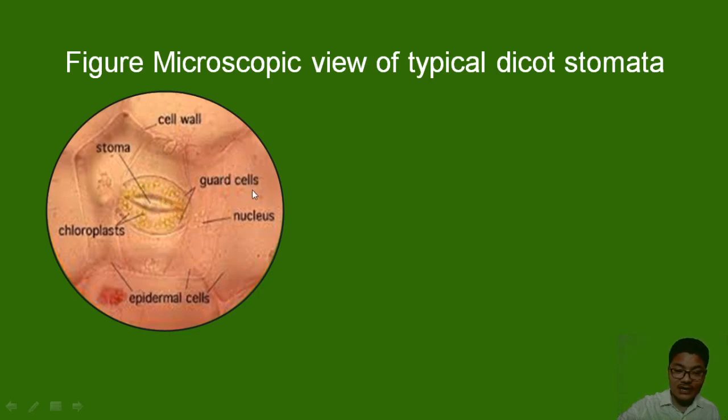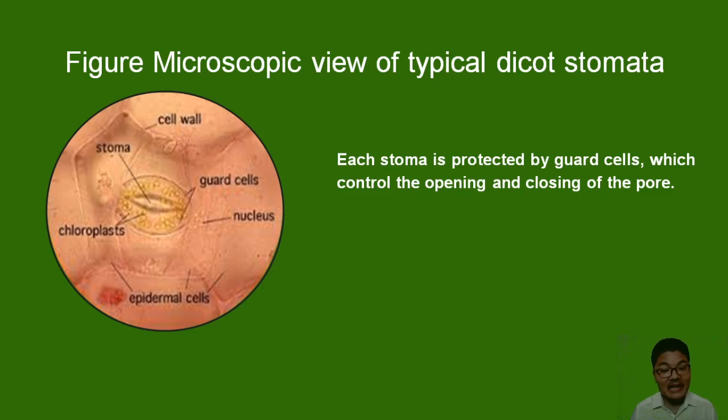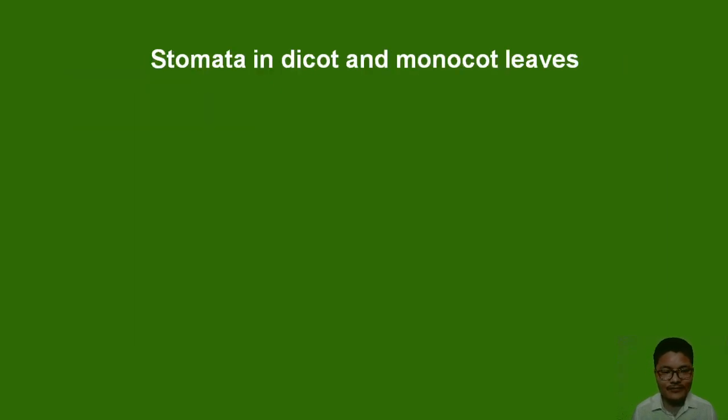And around the guard cells we have many cells which are known as epidermal cells. So you can conclude that each stoma is protected, safeguarded by guard cells. Guard cells control the opening and closure of the stoma or stomata.